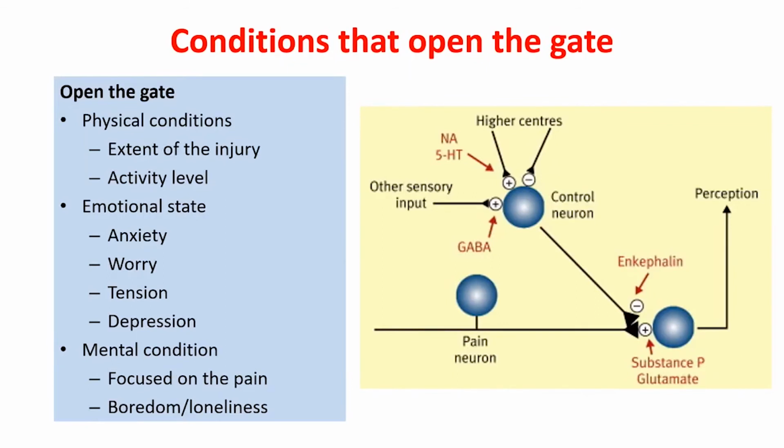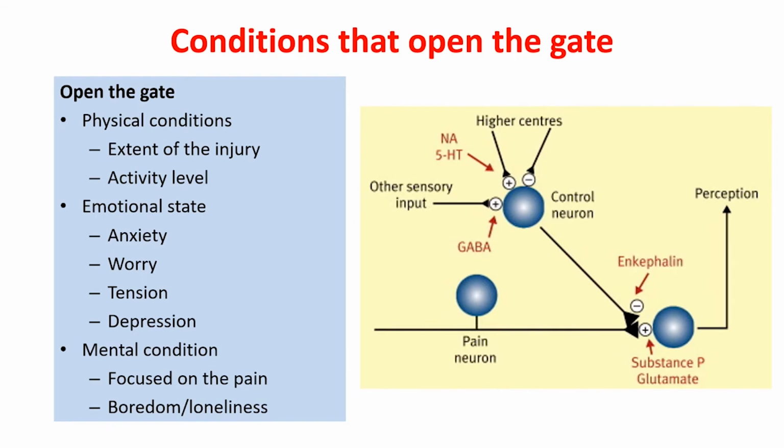To enumerate, what are the conditions that open the gate? One, the physical condition, that means the extent of injury. If the extent of injury is severe and vast, then there will always be irritation and injury that would make the pain go further, and it will continue to produce pain.